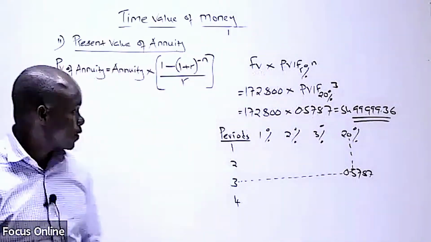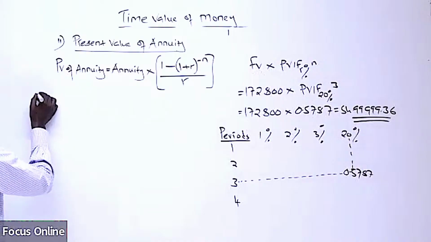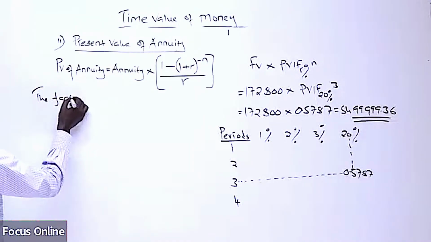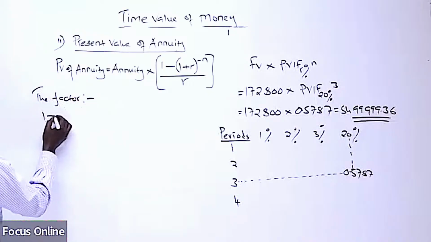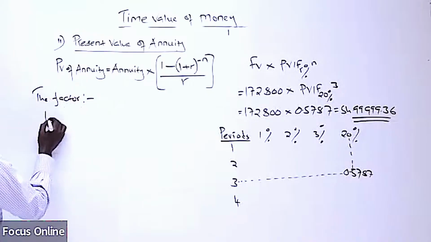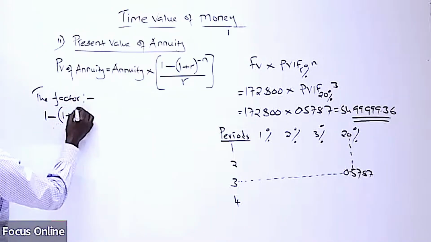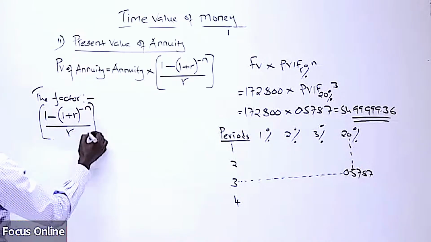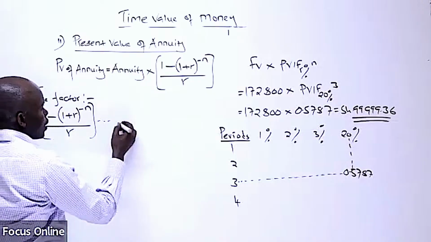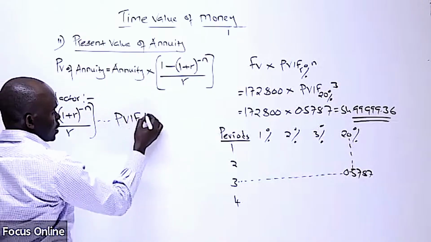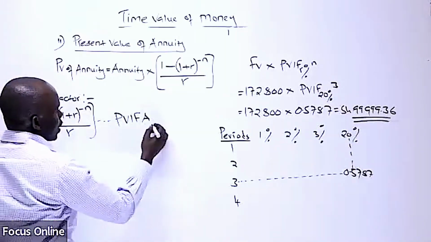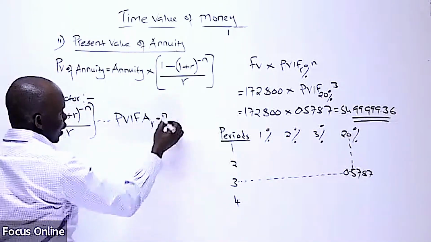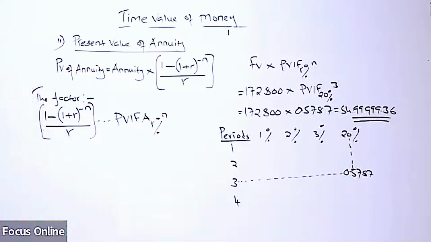Then we are saying this factor, 1 minus 1 plus r power negative n over r, is called the present value interest factor of an annuity, r% power n.